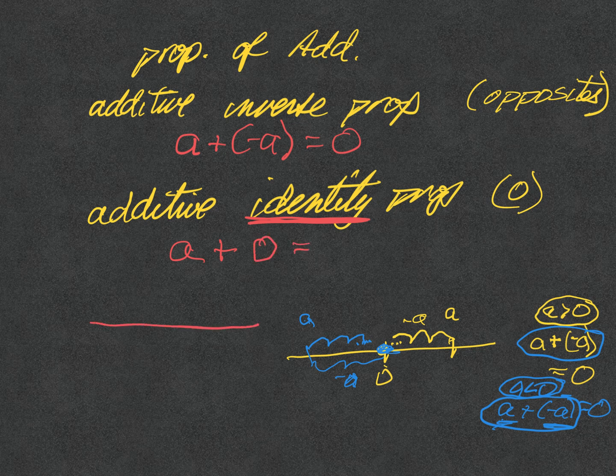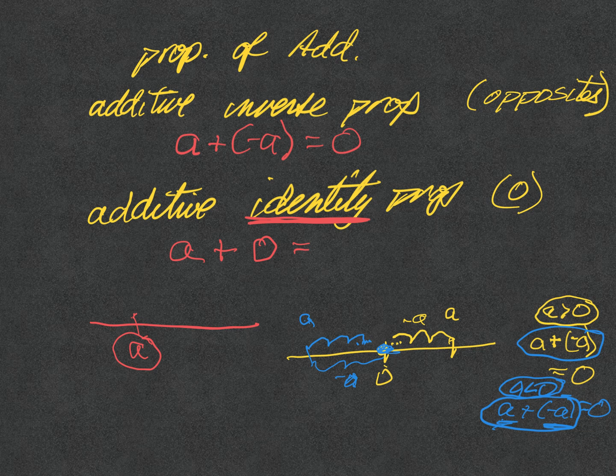Well, let's look at the number line. So here's a number a right here. And if I add 0, I either move to the right 0 units or I move to the left 0 units, because 0 is neither positive or negative, so I could do either one. But if I go 0 units right or left, I'm still at a.